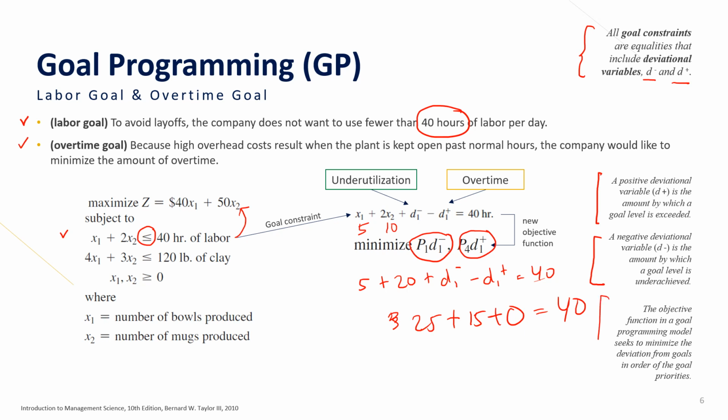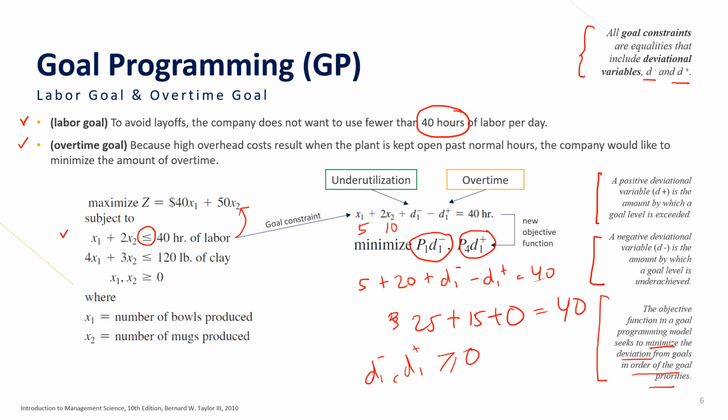The objective function in a goal programming model seeks to minimize the deviations from the goals in order of goal priority. So you have this priority, then this priority, and you will try to minimize the deviations.